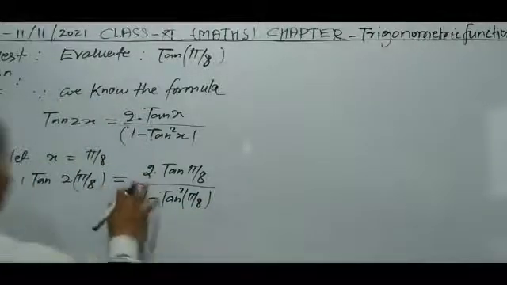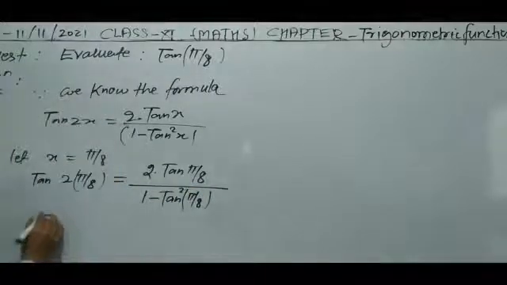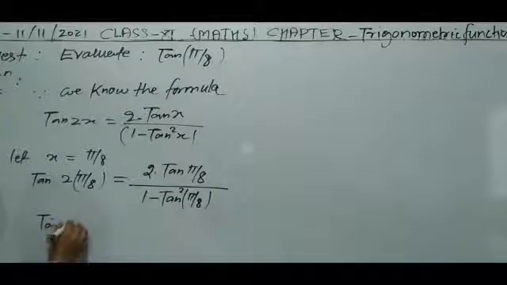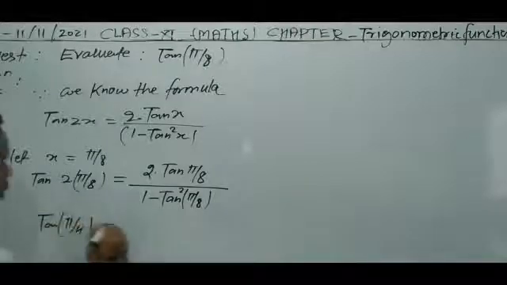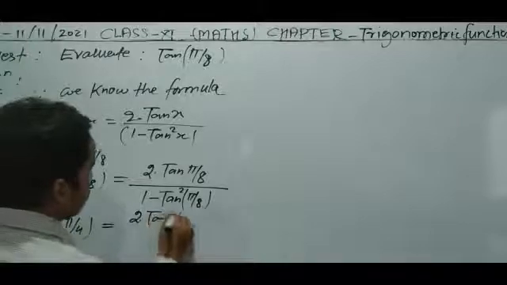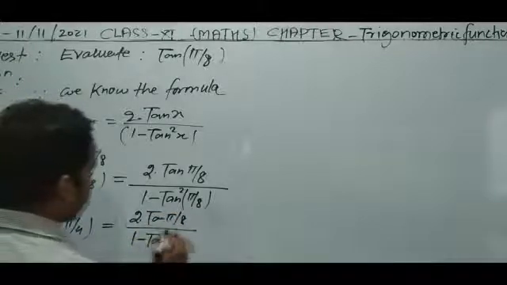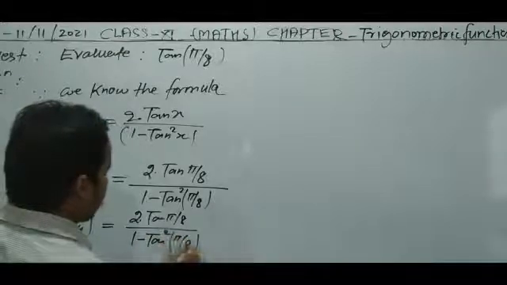And this result, you know, tan pi by 4 is 1. So 2 times tan of pi by 8 whole upon 1 minus tan square pi by 8 is equal to 1.